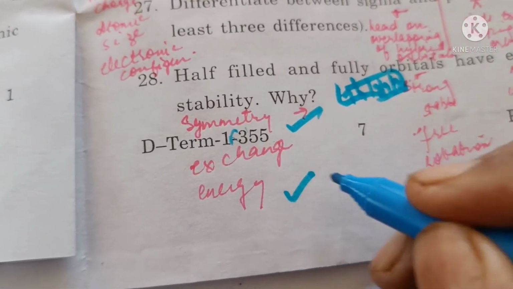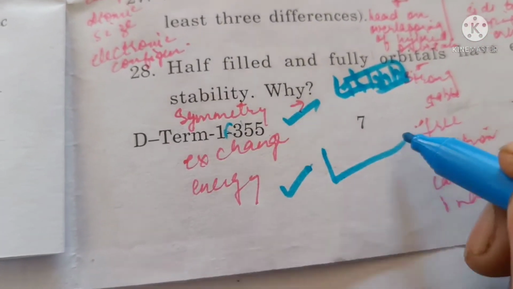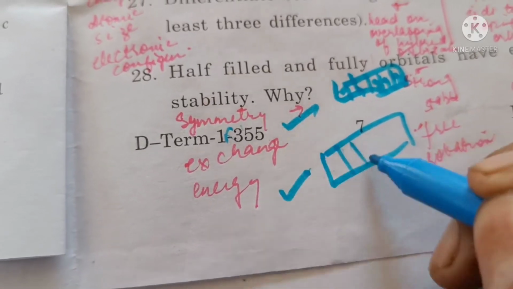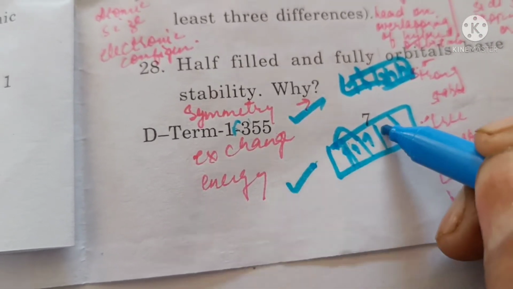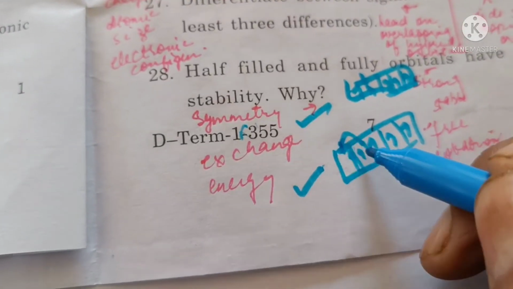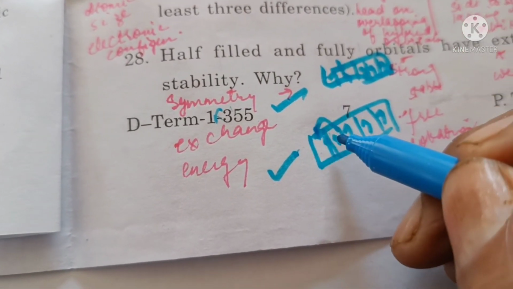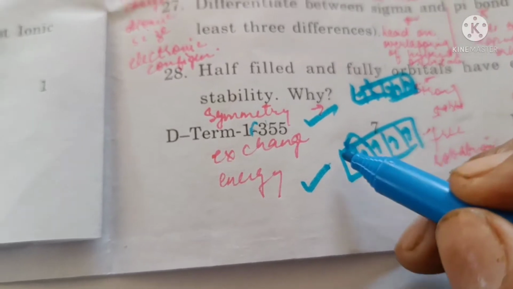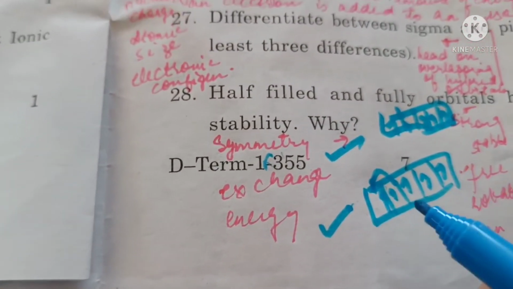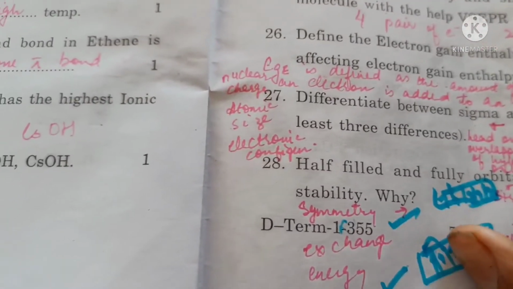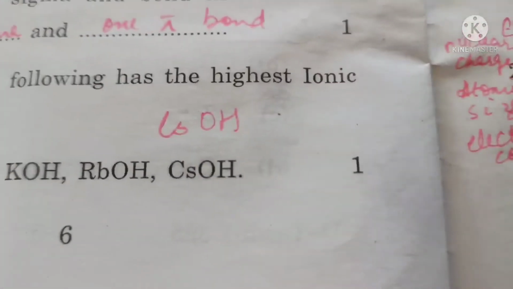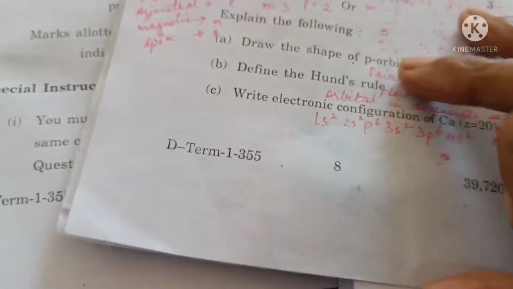Then the number of exchanges between electrons in half-filled and fully filled configurations: in half-filled, this electron will get exchanged with this and energy is released. The number of exchanges is more in half-filled and fully filled than in other configurations, so these are more stable configurations.